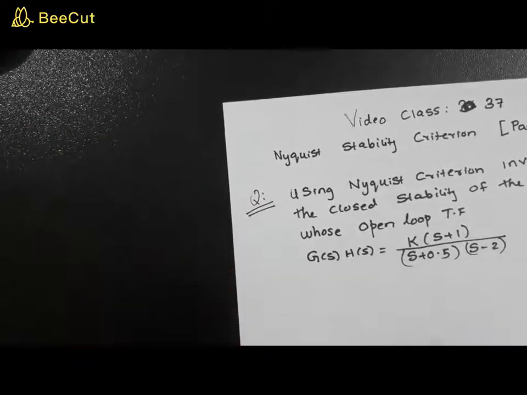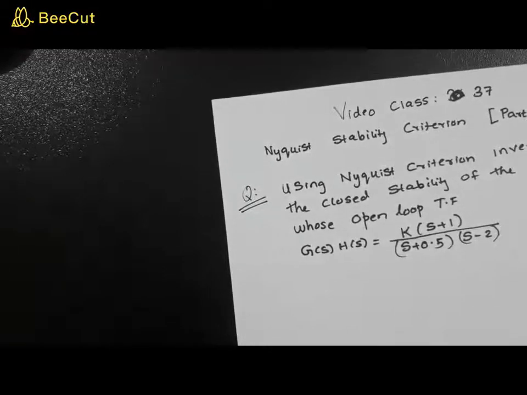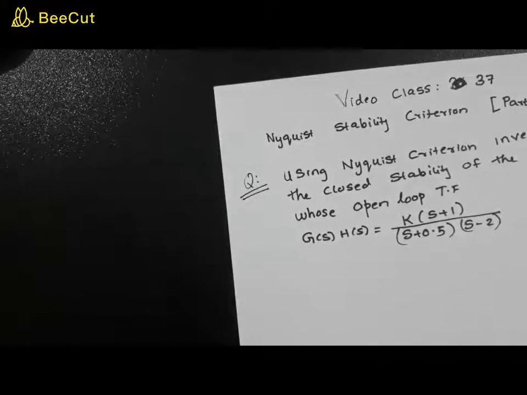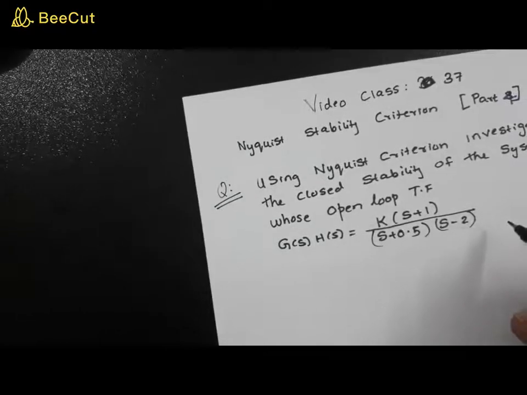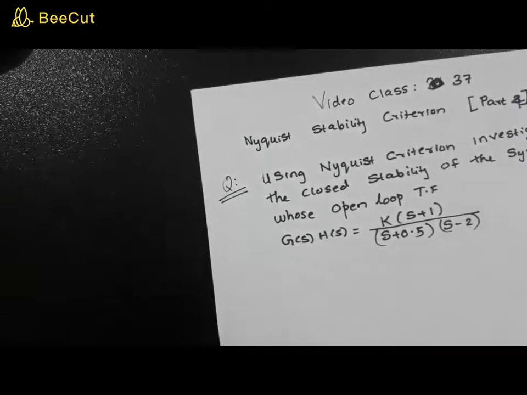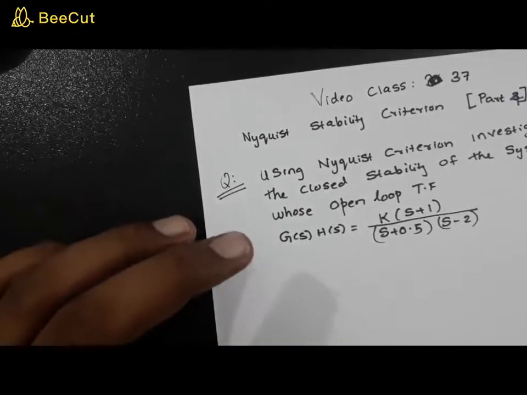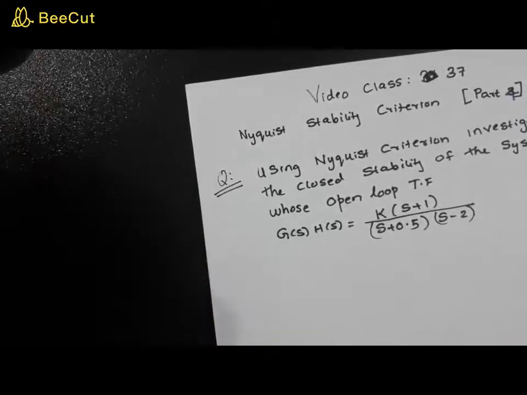Now, here is a different case, and not only that, previously I tried to draw the Nyquist plot in magnitude angle form. But this time I'm going to use a different method, and I recommend following this method throughout the problem.